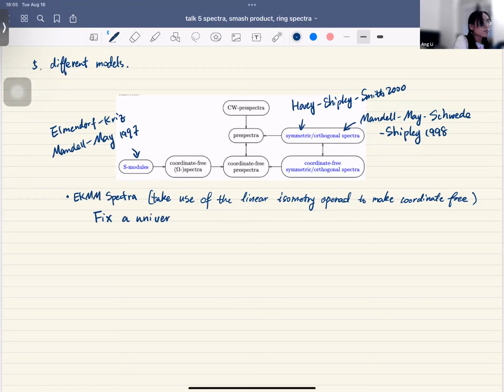And then we make the spectrum have gradings. It's also called a pre-spectrum in their paper, sorry. It's indexed over finite dimensional inner product vector spaces.